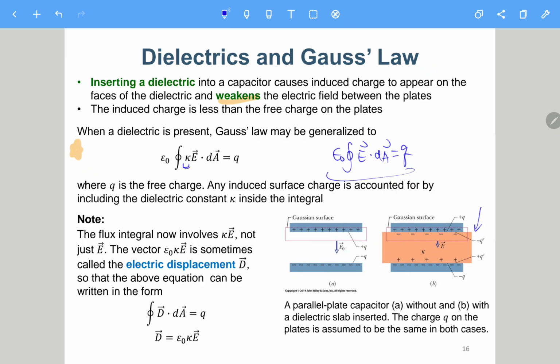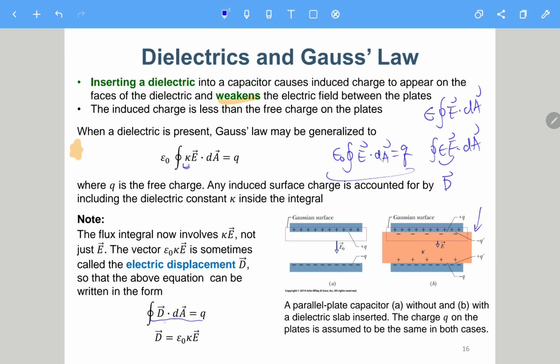In some textbooks or materials, it will be written like epsilon times the integral of E dot dA, or maybe you just put it inside, or even make this one a vector D, but you just see it one time here, so you don't need to really care about it.